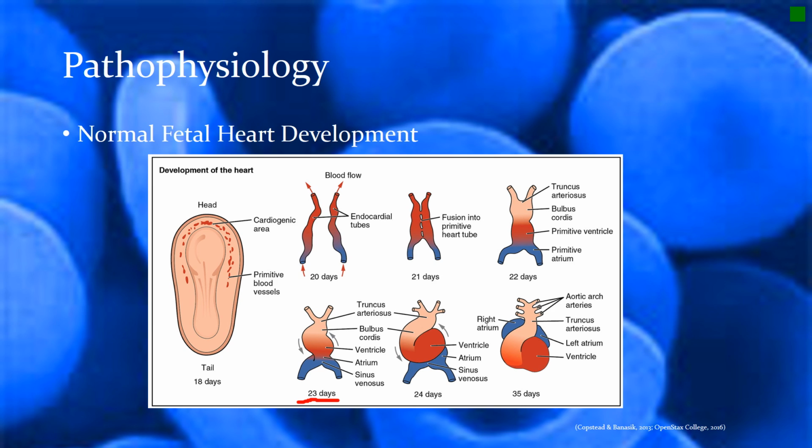At day 23, our heart tube begins to beat and folds in on itself to form a loop. The loop begins to form the primitive features of the atria and the ventricles, as well as the truncus arteriosus, which is the outflow pathway.